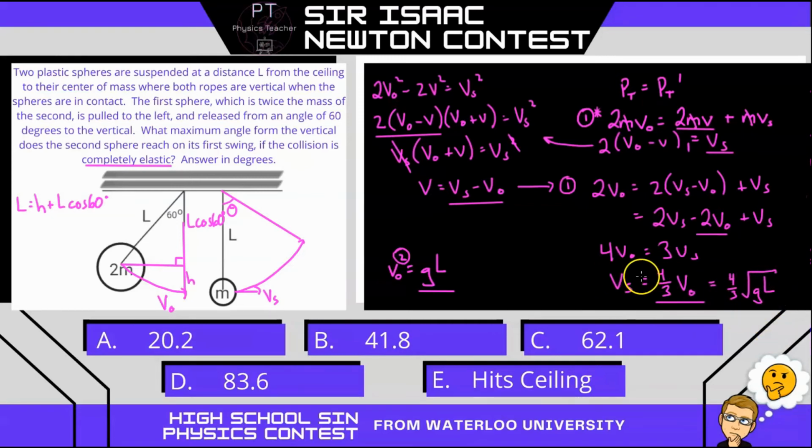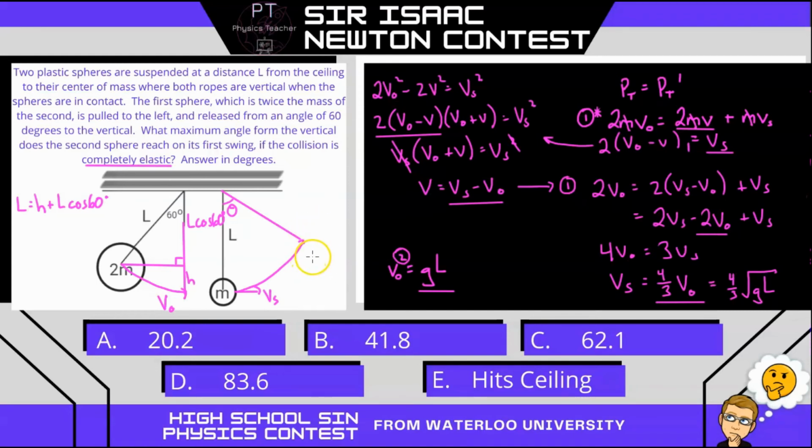We know that the velocity of the small sphere right after the collision is 4/3 root GL. And right after the collision, all that is its kinetic energy, and that kinetic energy, as it goes up in its pendulum swing, is going to be converted back into gravitational energy. And once it reaches its maximum height, it'll all be gravitational energy.